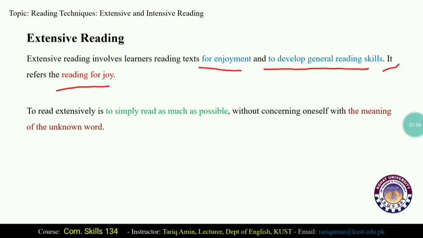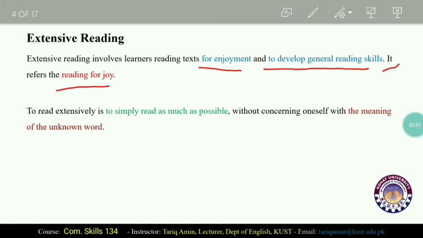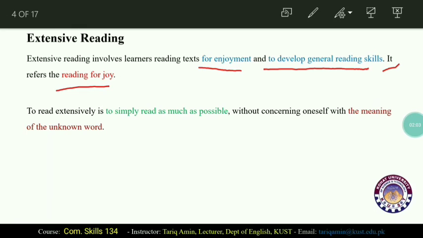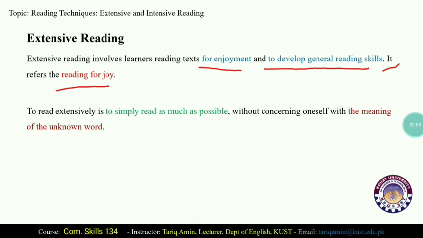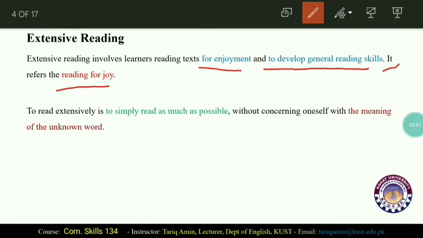To read extensively is to read as much as possible without concerning oneself with the meaning of the unknown word. When we read a text extensively, we try to read as much as possible. We try to read more and more. In extensive reading, we are not concerned with the meaning of each and every word.